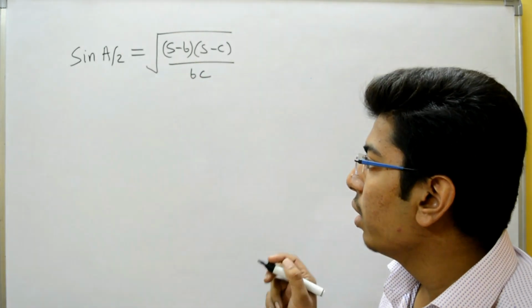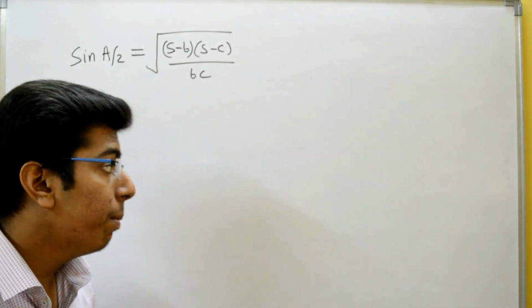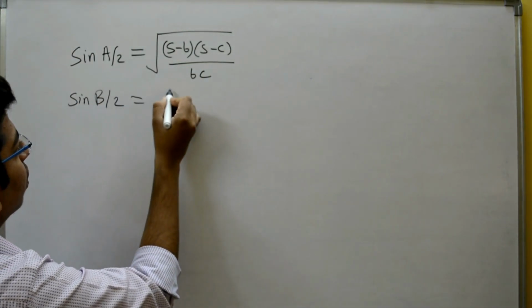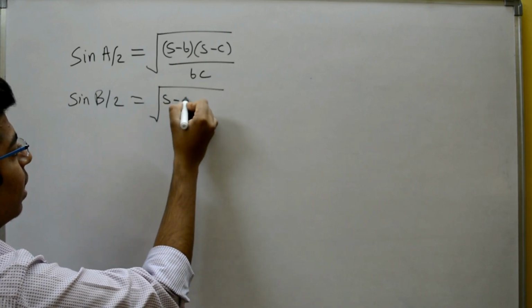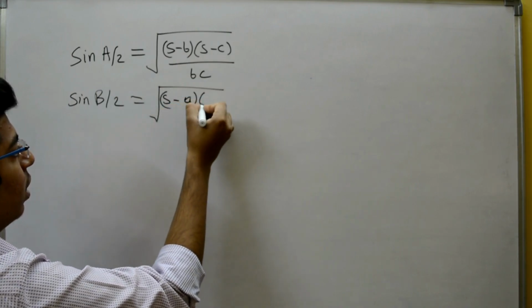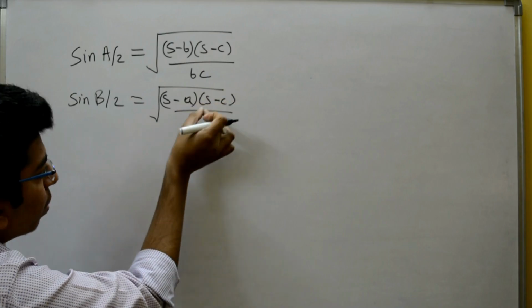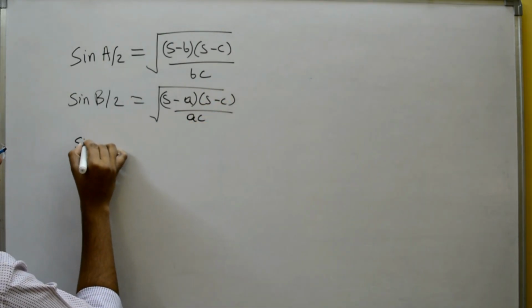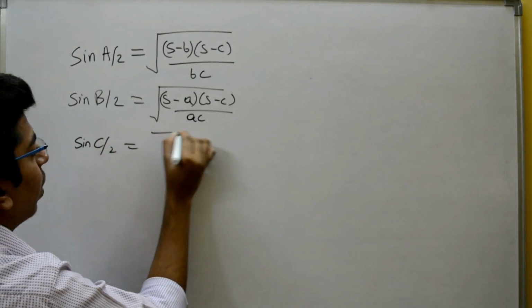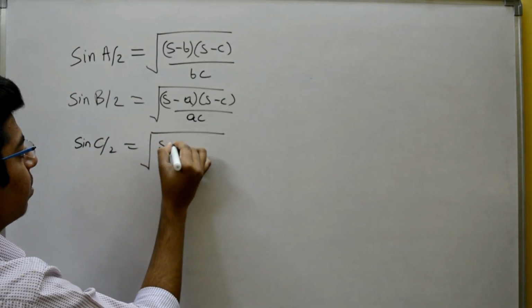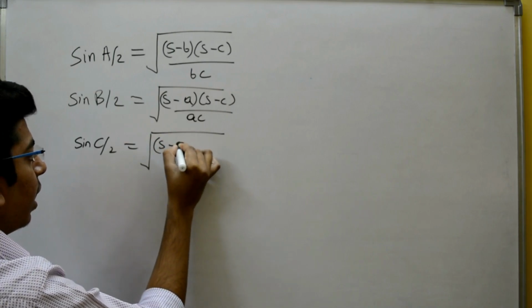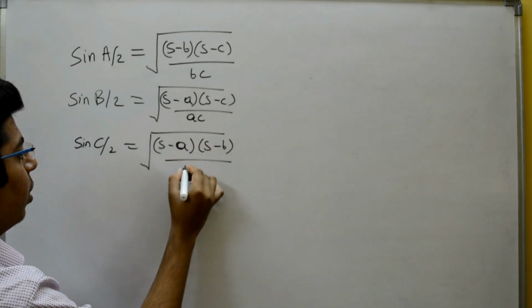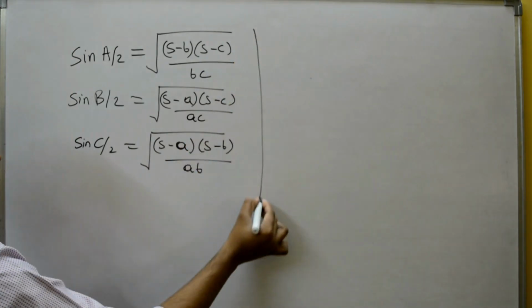Similarly, sine B by 2 is equal to under root of (s minus a)(s minus c) upon product ac. Sine C by 2 is equal to under root of (s minus a)(s minus b) upon the product ab.